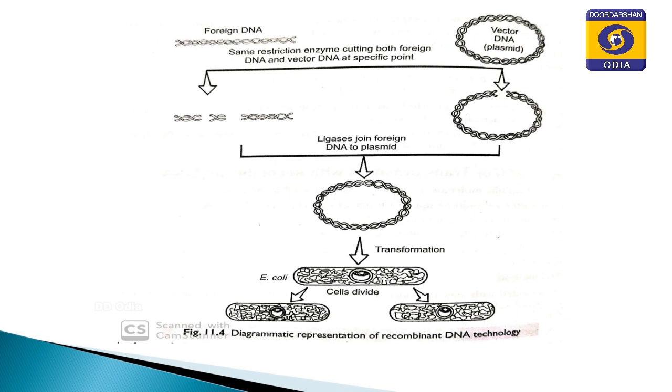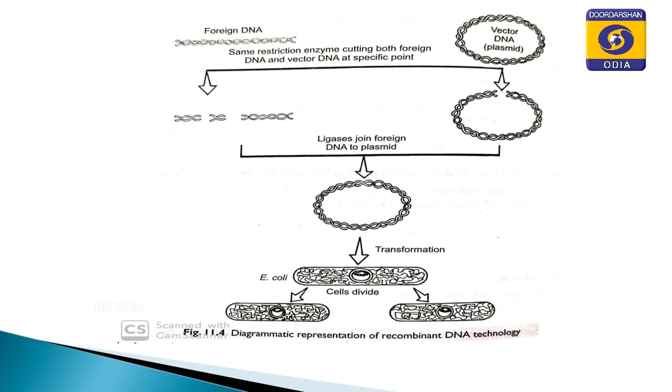Then suppose we want to have a particular product from this particular gene we have introduced, then we shall allow it to grow. And we do the same with the bioreactors on a huge scale.